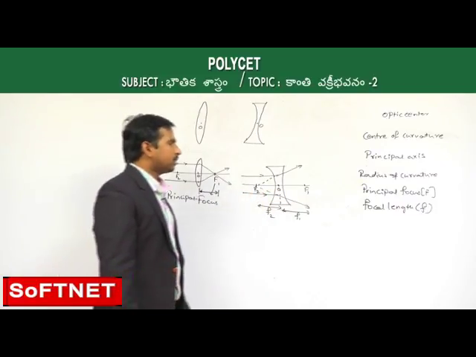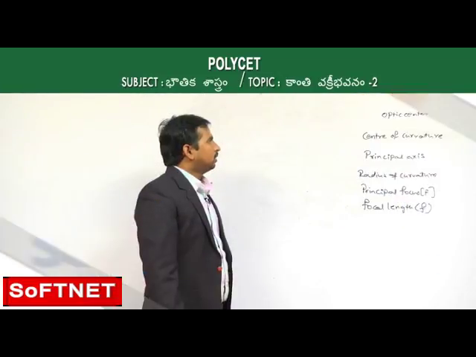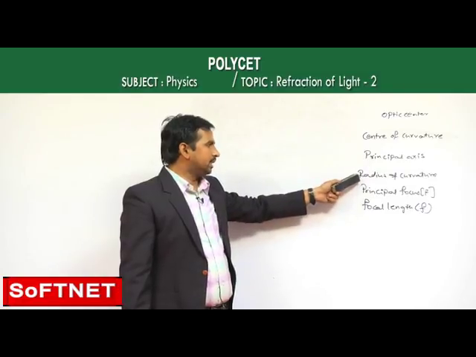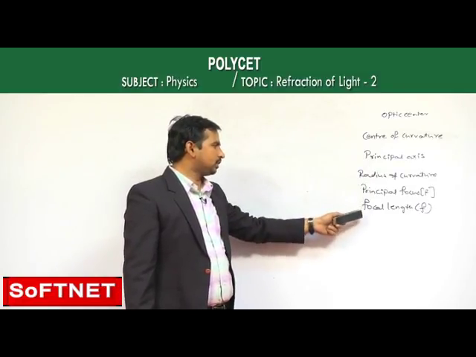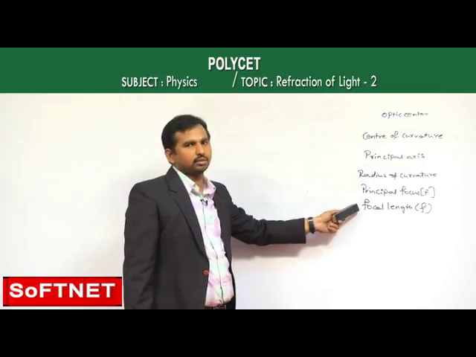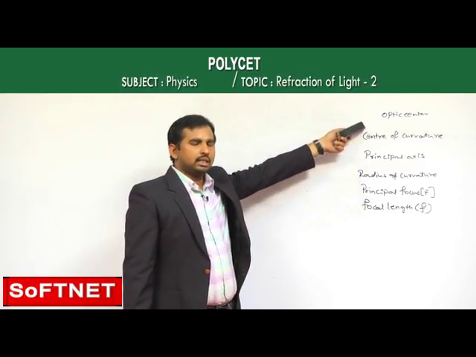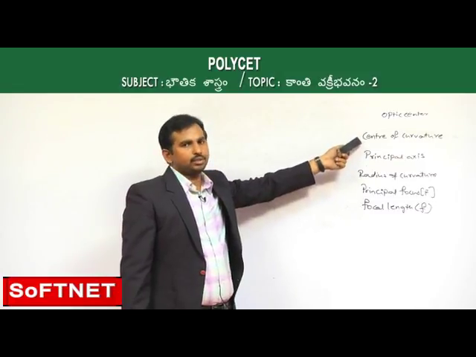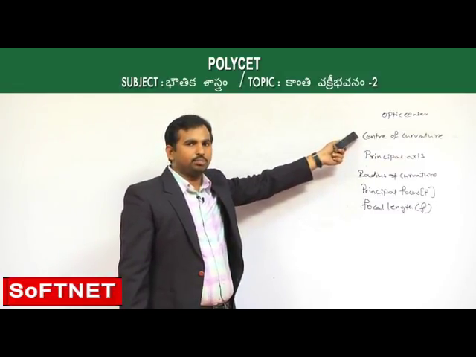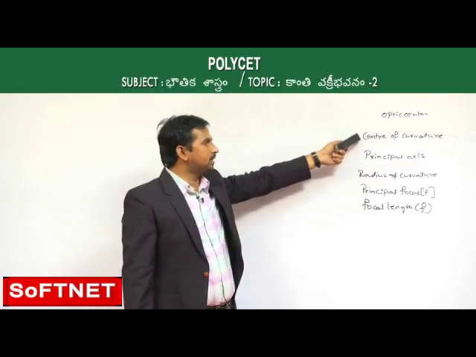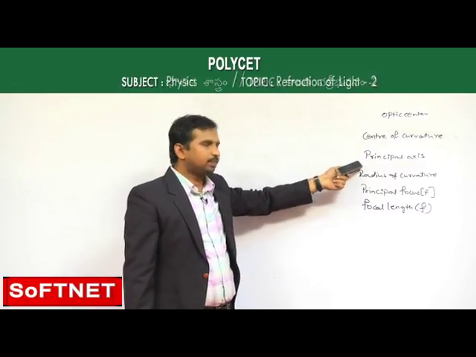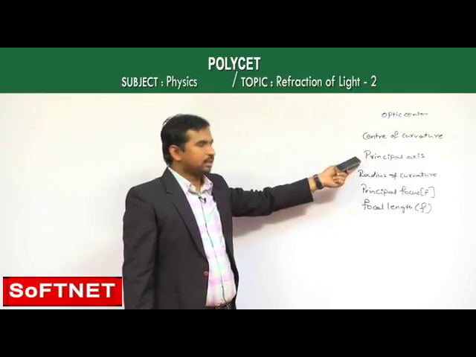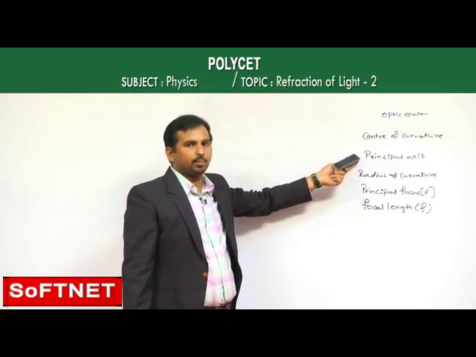Now we have the optic center, center of curvature, principal axis, radius of curvature, principal focus and focal length. Optic center is the geometrical center of the given lens. Center of curvature is the center of the imaginary sphere of which our lens is a part. Principal axis is the line passing through the centers of curvature and the optic center.